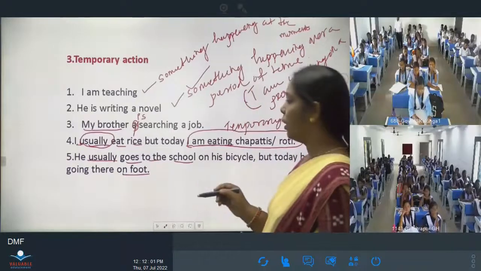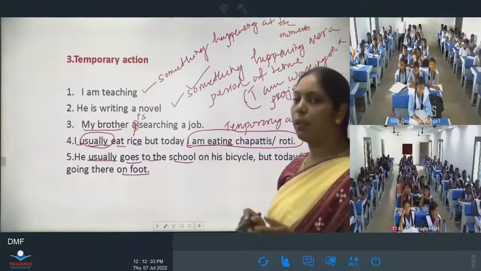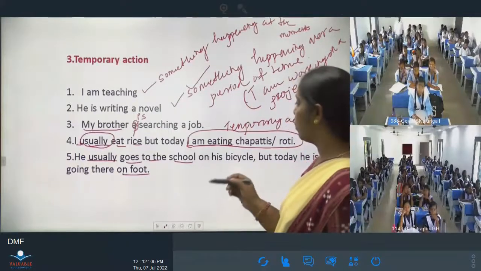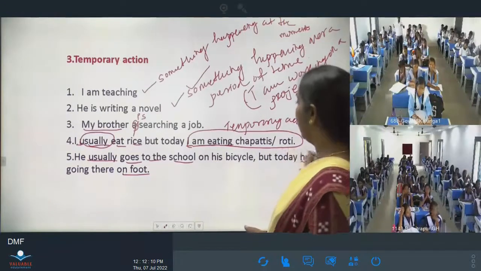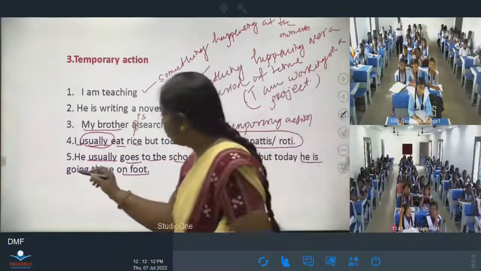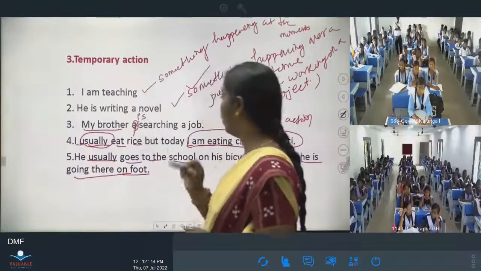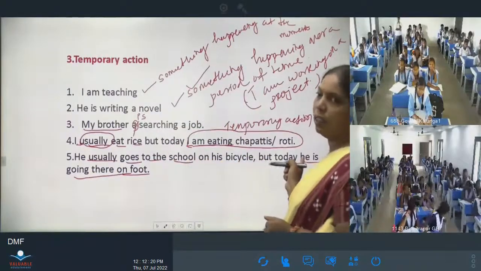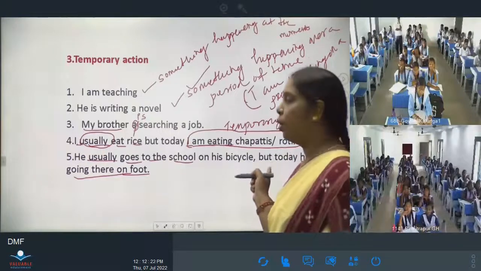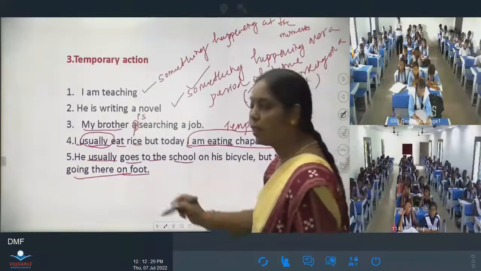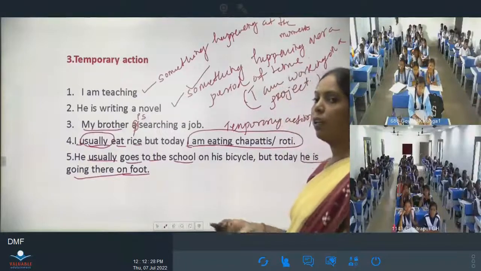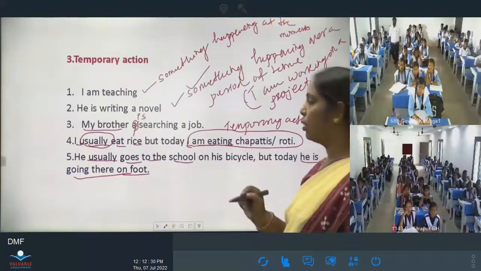So, going to school on foot is temporary. That's why we use present progressive tense here. He is going there on foot. Every day he does not go to school on foot. That's why it is a temporary action. On that day only, he went to school on foot.